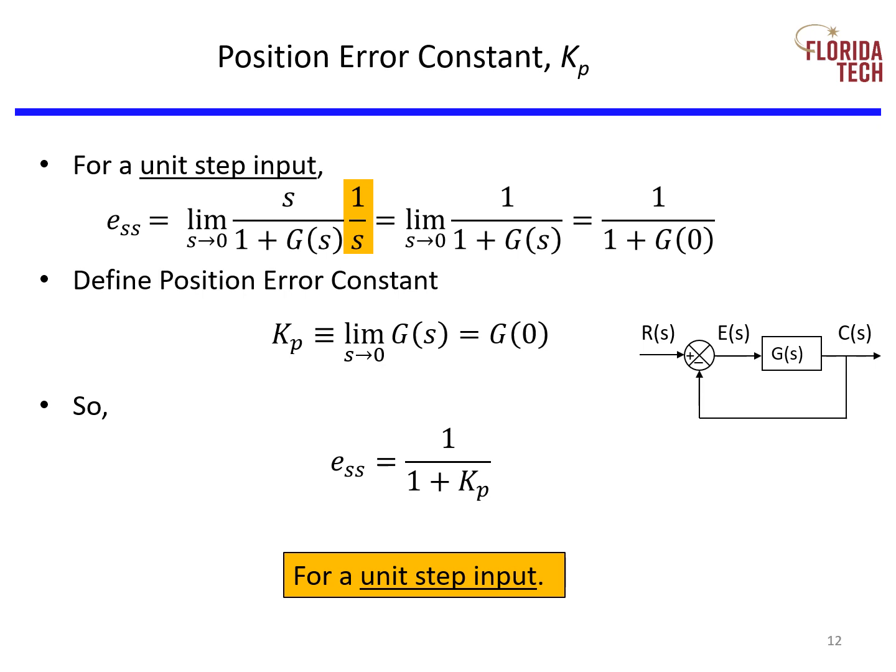We'll define the first error constant, Kp, as the limit as s goes to 0 of G of s. In other words, G evaluated at s equals 0. Therefore, steady state error for a unit step input is now 1 over 1 plus Kp.